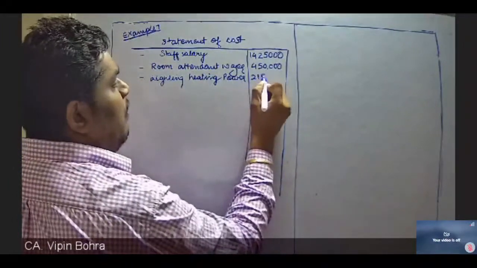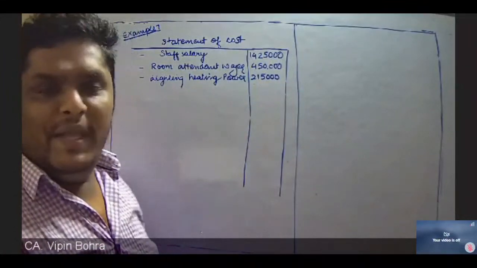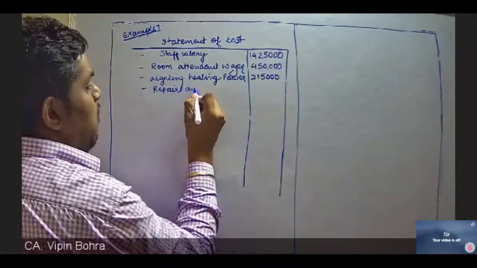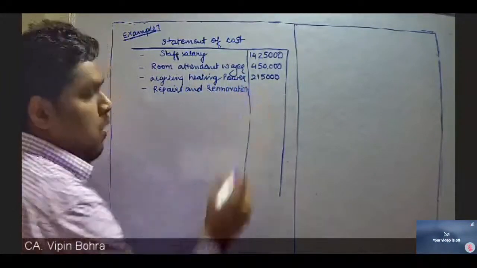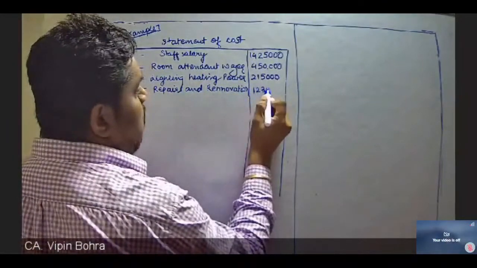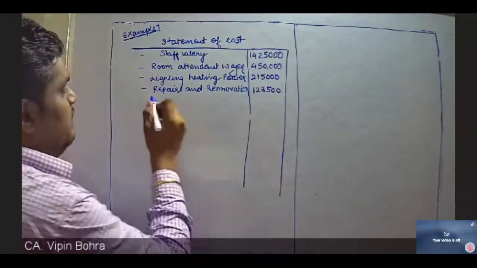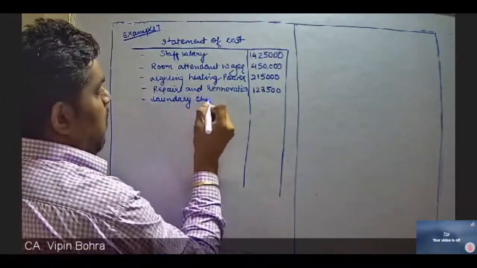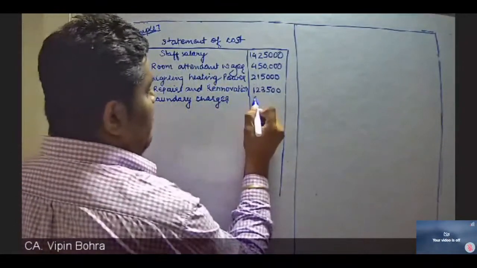2,15,000. Repairs and renovation, 1,23,500. Laundry charges, 80,500.